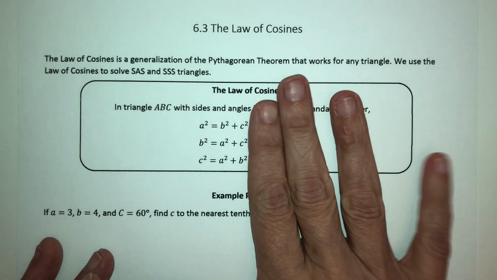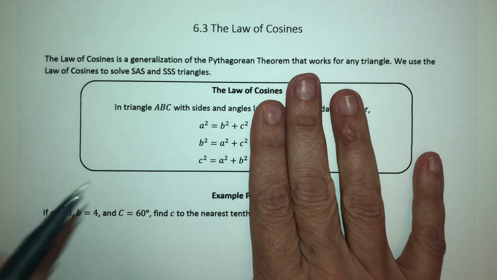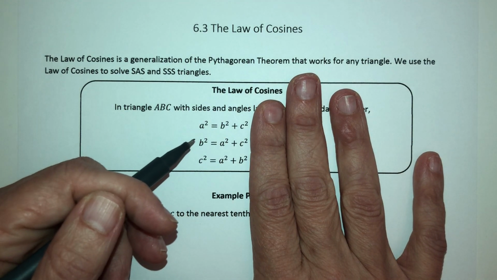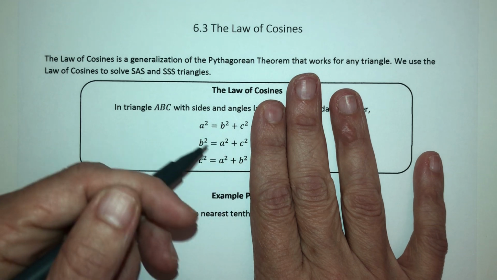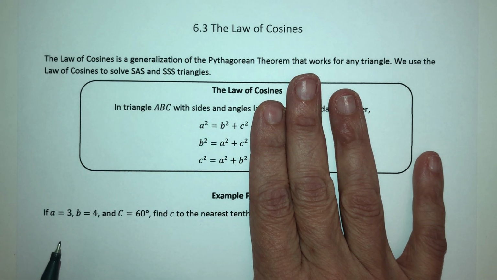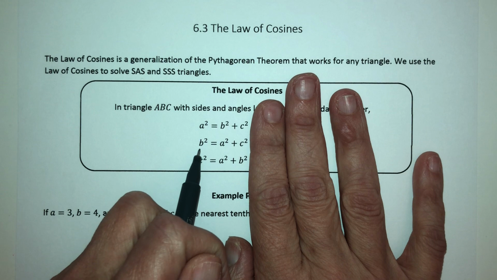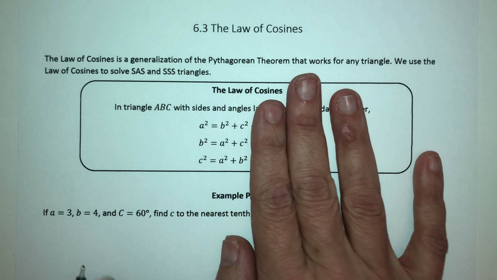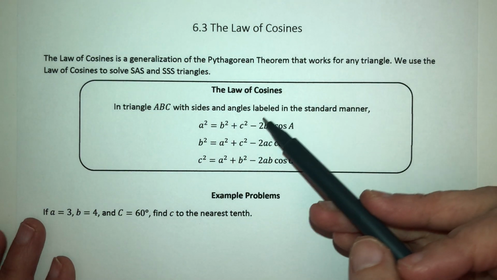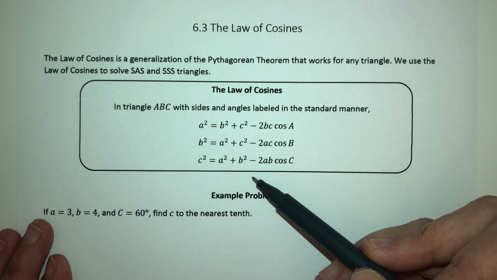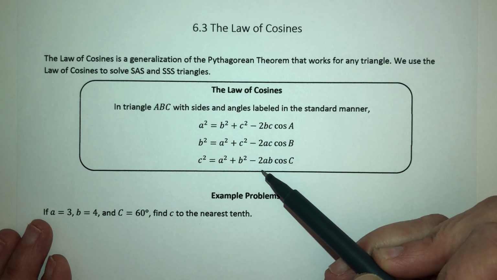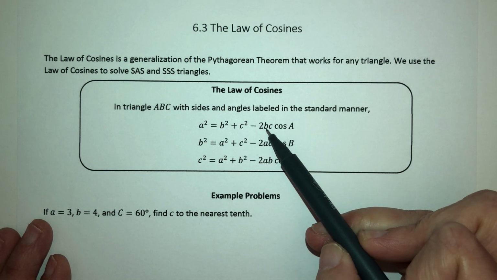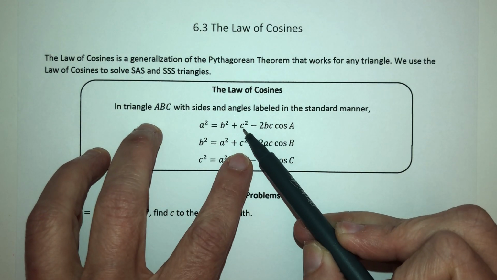So what we're starting off with right here is a side squared equal to the sum of the other two side squareds, okay? So if I have B here, I have A and C here, okay? Now the rest of this is minus all the way across, 2 all the way across, and then B times C, which are these two right here.